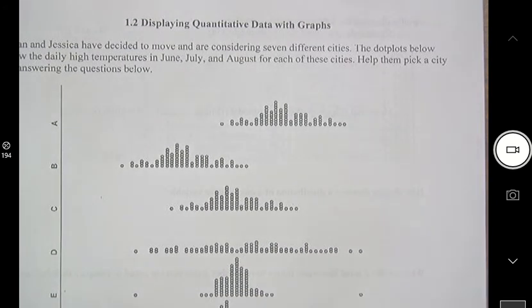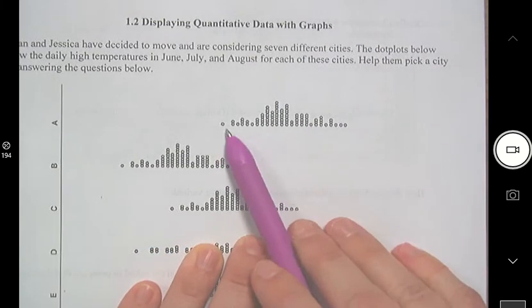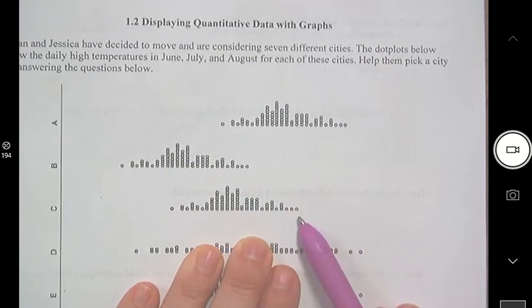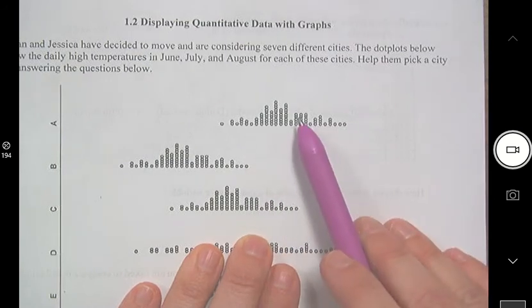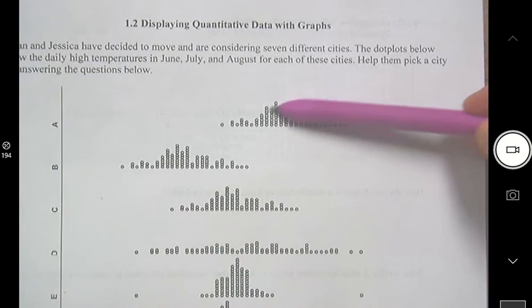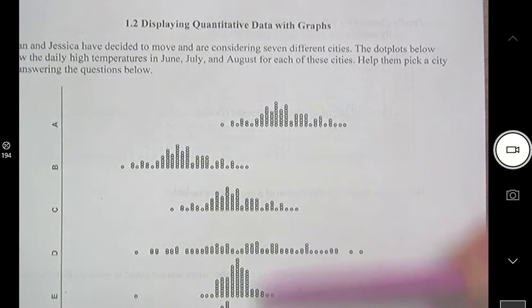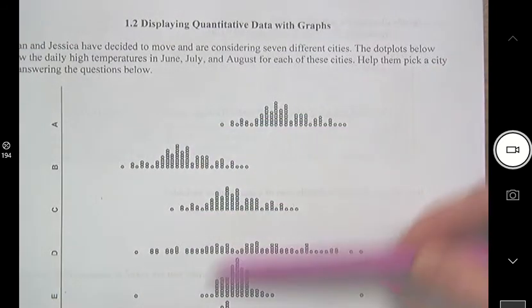And so I want to tell you that really the most important difference there is not how much they're spread out, because they're all spread the same, they all have the same shape, but here it would be the center that's different. Because where the kind of middle of the data is right now, this kind of blob of dots here, is higher for city A, it's lowest for city B, and then city C is kind of somewhere in the middle if you follow it down to that horizontal axis.